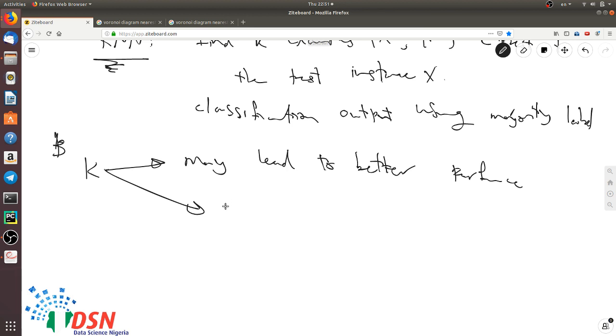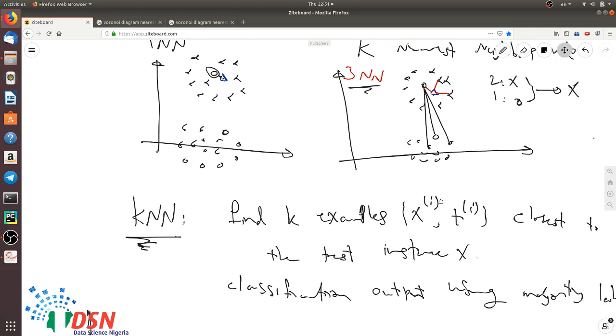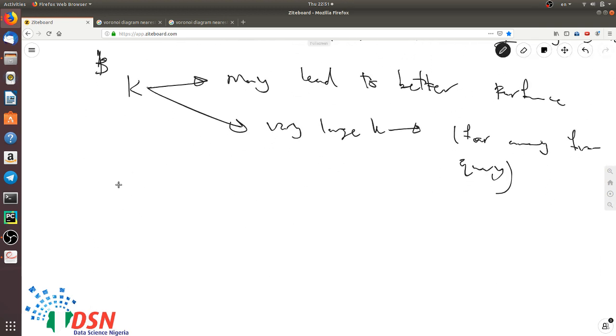But if we use a very large K, it may end up looking at samples that are not really neighbors, in other words, far away from the query. In this example, if we use a very large K, it will consider probably these instances. So this is not good. A very large K is also not good.